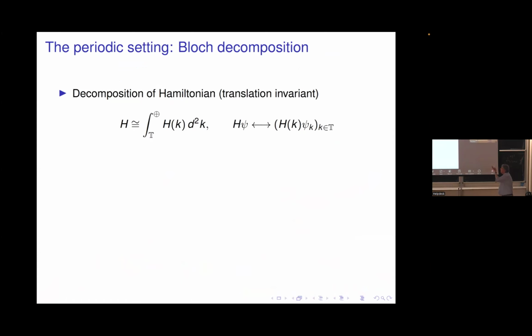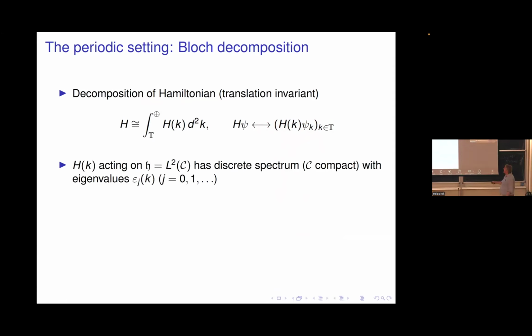And then you have a Hamiltonian that is also supposed to be periodic. That's the whole business. And therefore, it also decomposes with respect to each irreducible representation, and therefore it acts on each fiber psi_k within the fiber by an operator that we shall call h of k.